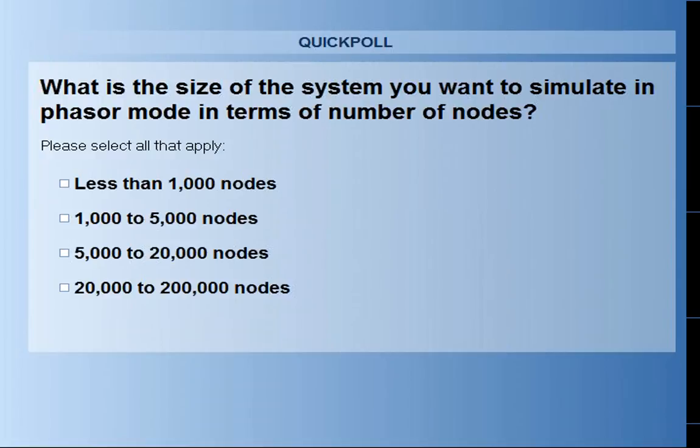So if I go back to my test drive model here, you can have several maneuver operations. For example, I want to see what happens if I apply a fault at this bus.